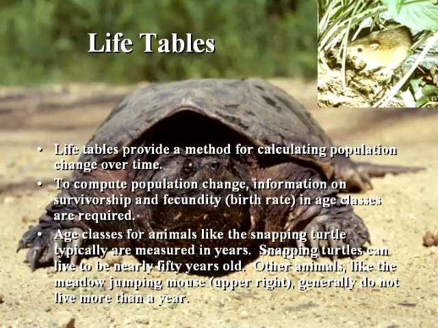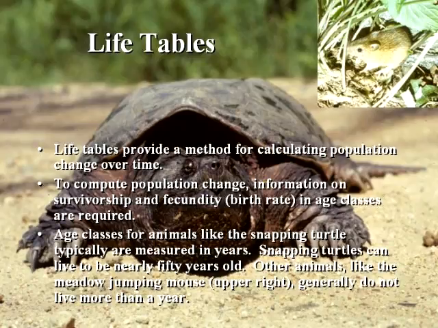So we can use them to look at things like population change over time. So to compute population change, we need information on survivorship of different age classes and fecundity, which is another way of saying birth rate within age classes. So we have to gather information like that.